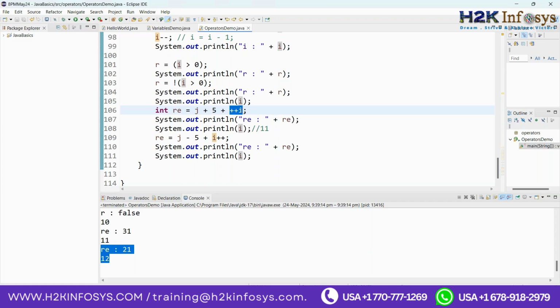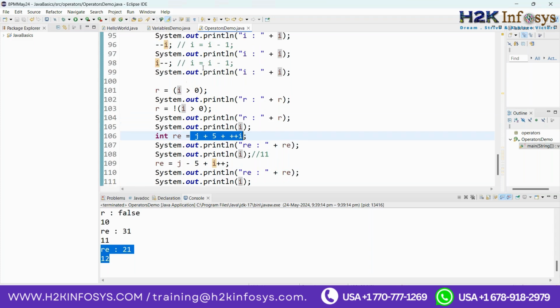Wherever you have prefix, this will be evaluated first. But wherever you have postfix, this will be added later. So here increment happens first, here increment happens later, after this expression is evaluated.